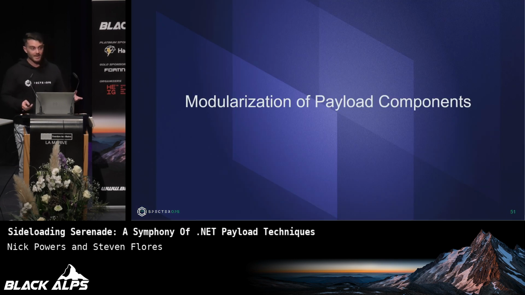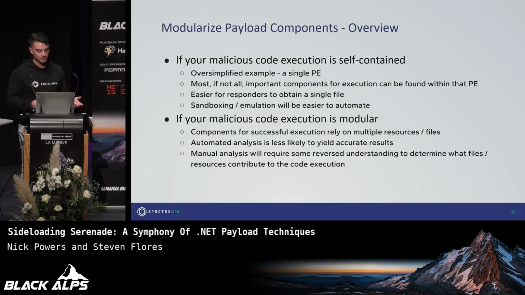And with that in mind, knowing that some sort of signature will likely at some point be created for the payload that you're writing, modularizing the components of these payloads is incredibly important, because you want to increase the longevity of what you're writing as much as you can. If it's self-contained, everything most often needed for analysis will be, in an oversimplified example, in that single PE file.